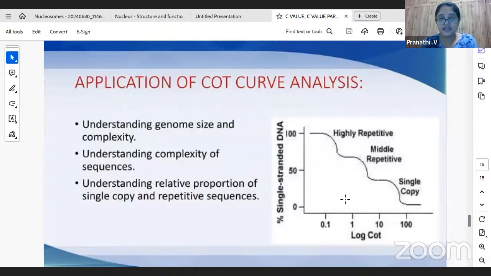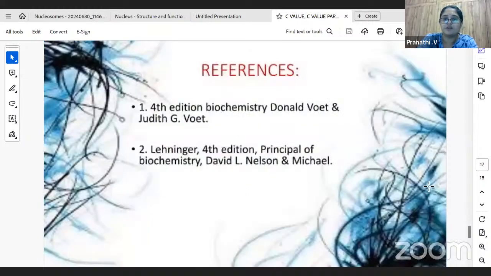Is there a lot of highly repetitive DNA present? How much percent of it is middle repetitive sequences? And how many of the sequences are single copy? All of this you can actually get from just one particular graph. So complexity, the relative proportion of single copy, and relative repetitive sequences can be known.